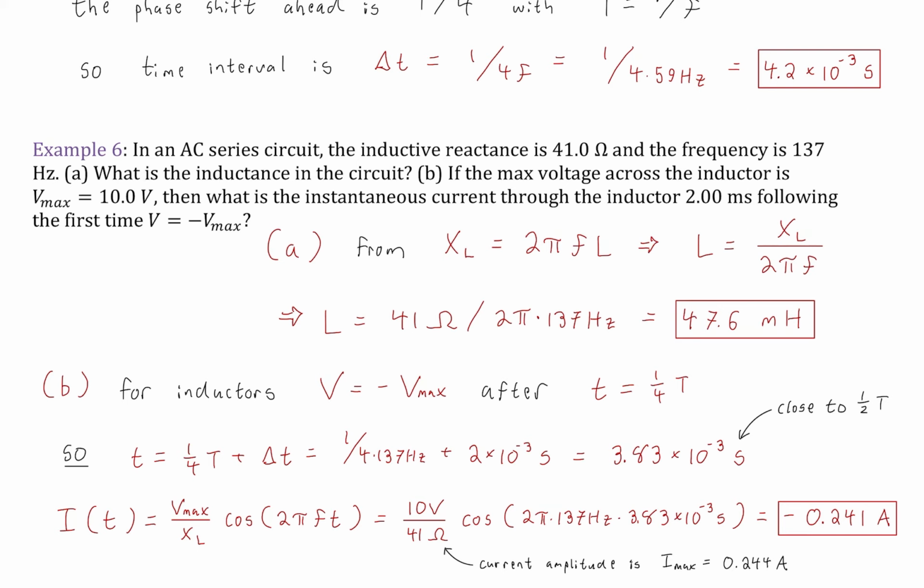Whereas when the current experiences the greatest change, that's when the inductor has a lot of voltage across it, because that's the way inductors work. They oppose change, and more rapid change means bigger opposition, bigger voltage, bigger induced EMF. But here we have almost no induced EMF, thus we have a very large current.